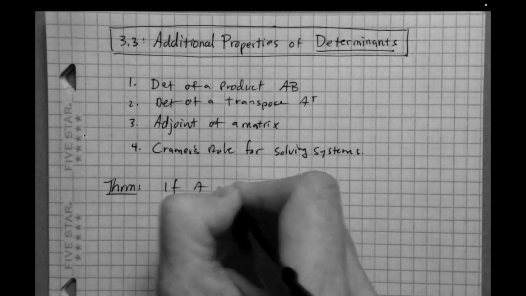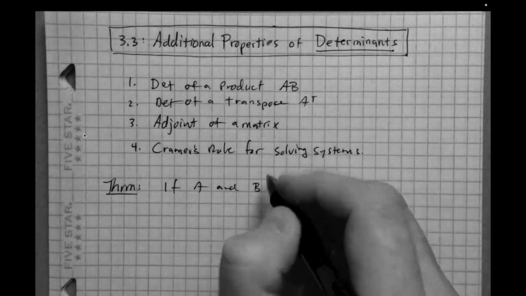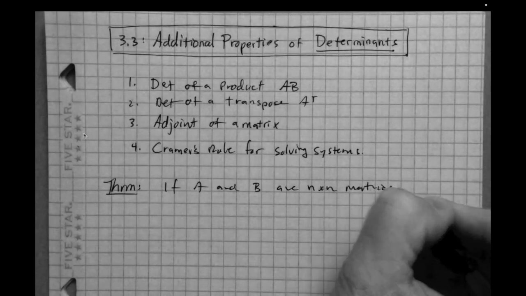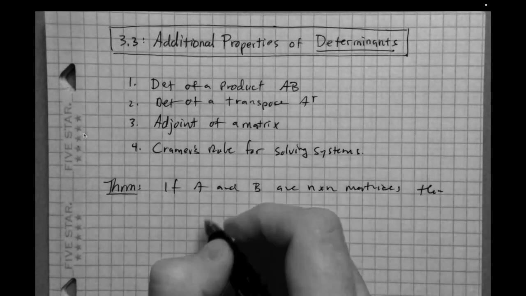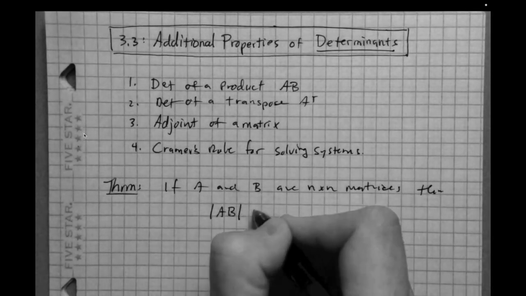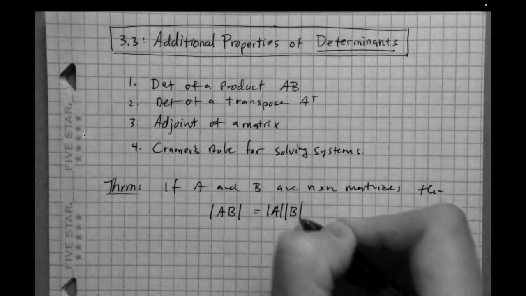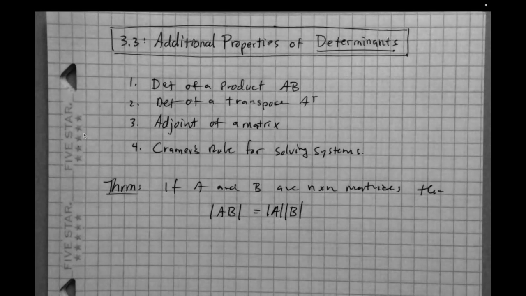Basically, if A and B are n by n matrices, then the determinant of the product is equal to the product of the determinants. So the determinant of AB is equal to the determinant of A times the determinant of B. As I say, it doesn't get much nicer than that. It's about as much as you can hope for.